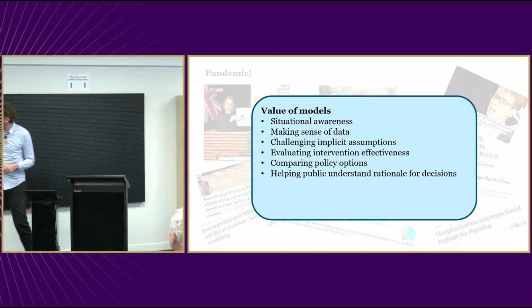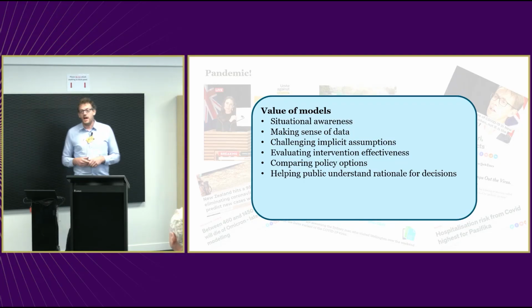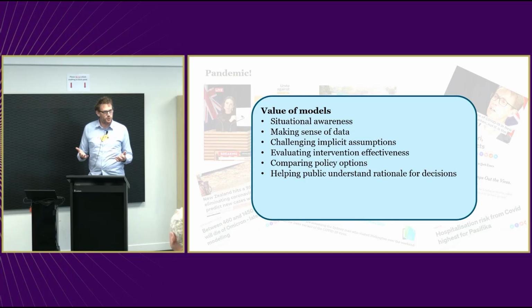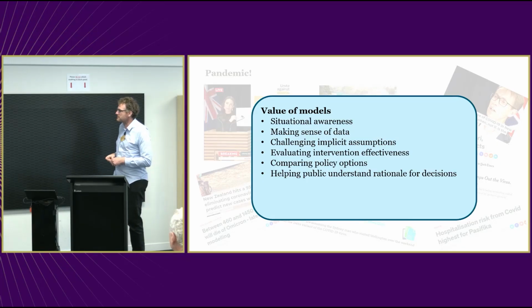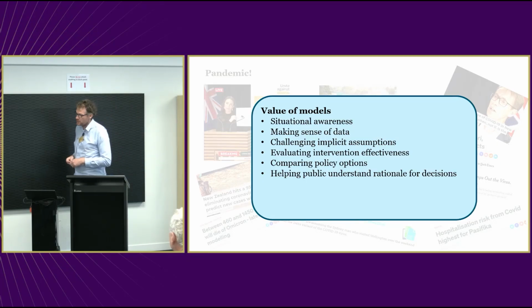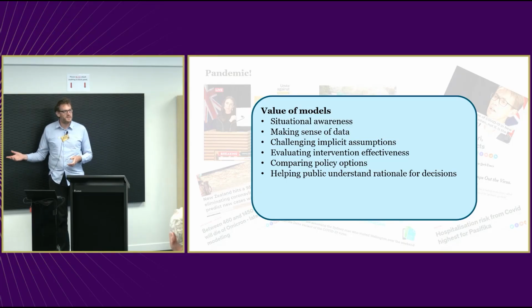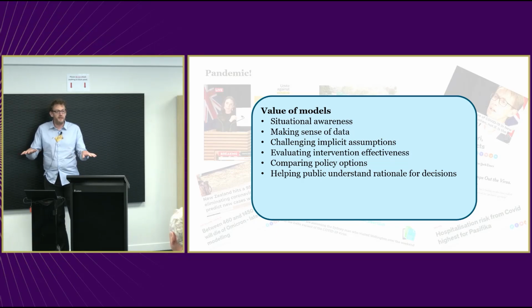Other areas where I think we provided value: evaluating intervention effectiveness. How effective was this particular control measure or intervention that was introduced in response to the pandemic? Comparing different policy options, as I alluded to earlier, you've got a choice between instigating this policy or that one, or various variations on what those policies could look like.